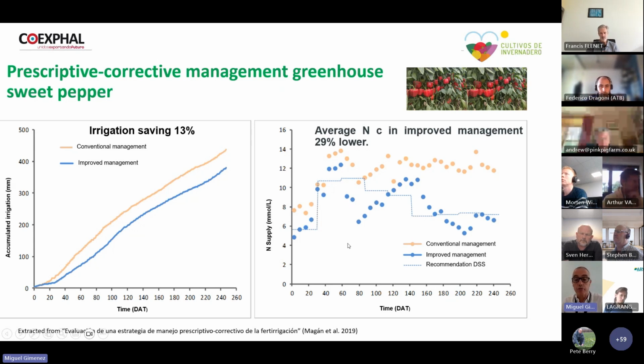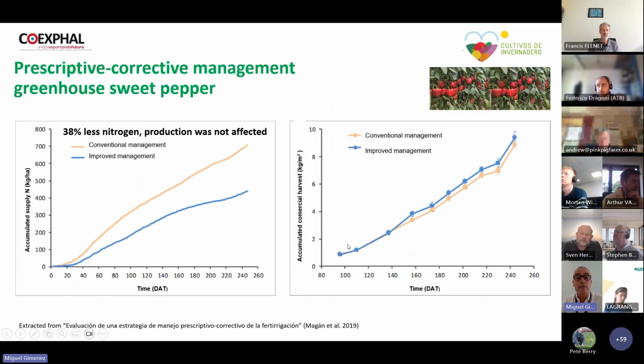So there is a lot of nitrogen which is saved, right? And this is indicated by this graph on the left part of the slide, 38% less nitrogen when this improved management based on calculations and data collected on a daily basis from the crop is adopted, and no difference at all in the obtained yield.